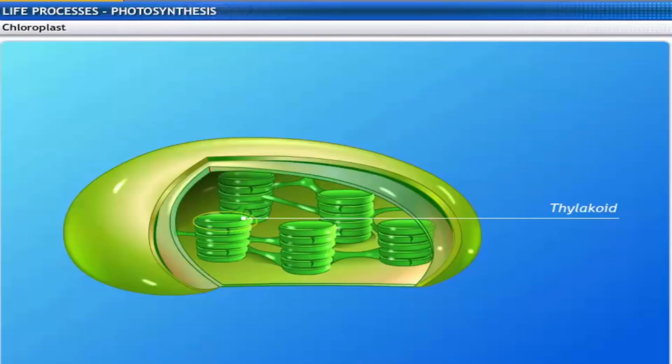They contain closely packed, flattened sacs called thylakoids, arranged in piles called granum. These granum lie in a colorless ground substance called stroma. Thylakoids contain a pigment called chlorophyll, which traps solar energy.